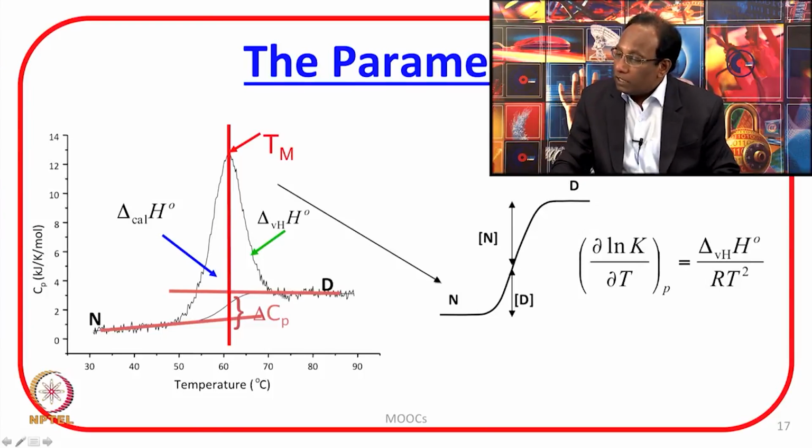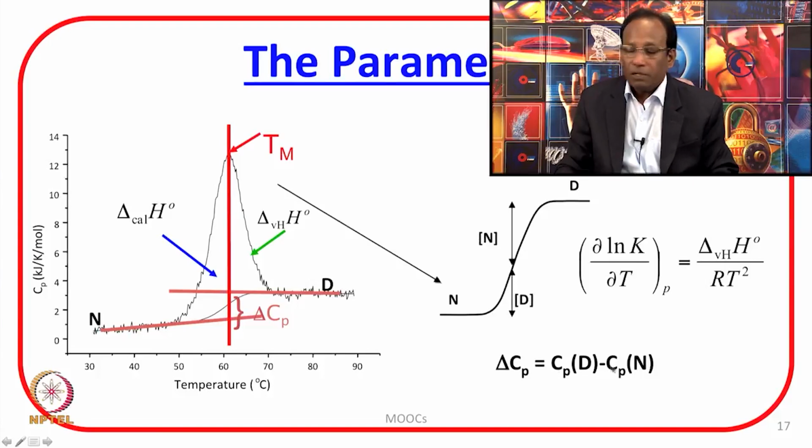And the difference in the heat capacity of the denatured state and native state is delta Cp, change in the heat capacity. Delta Cp can be calculated from Cp denatured minus Cp native. This delta Cp is also very important and gives a lot of information that we will discuss in future.